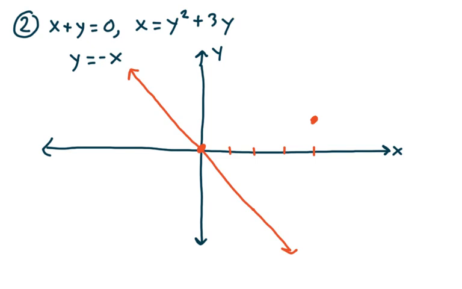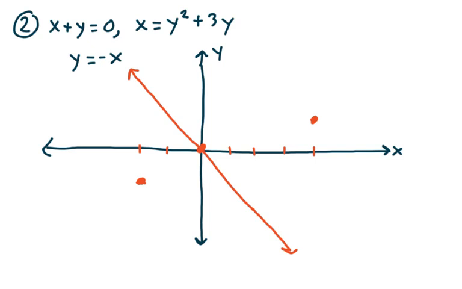And now let's try y is negative 1. So when y is negative 1, I'm going to get x equals 1 minus 3, which is negative 2. So x is negative 2. So I'm going to go over 2, and I'm going to go down 1 right here. So far.